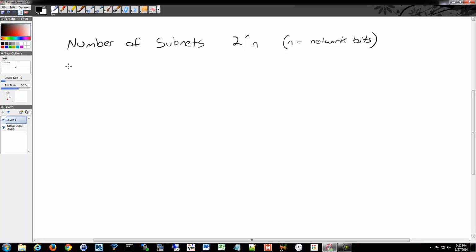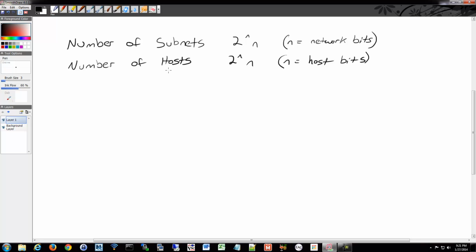If you want to do the number of hosts, it's almost the same thing. Number of hosts is 2 to the power of n, where n is the host bits. Now that's the number of hosts, but that includes the network and broadcast addresses.